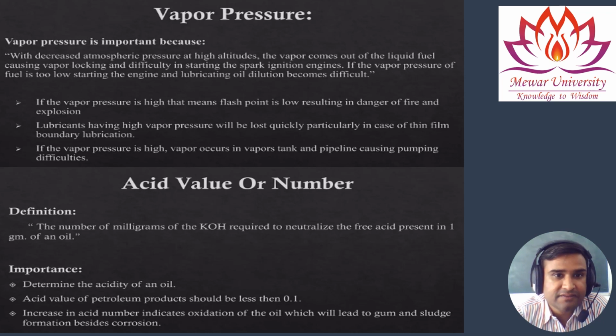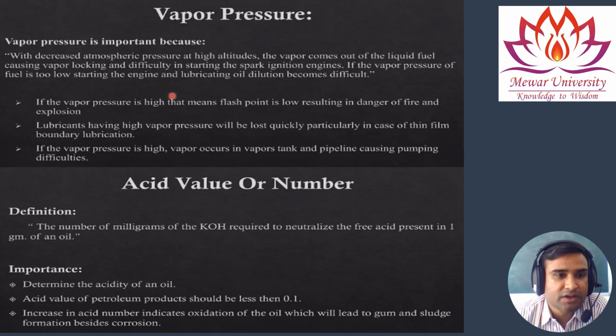So whenever there is less atmospheric pressure at higher altitude, vapor comes out of the fuel, causing the locking and difficulty in starting the spark ignition engine. If the vapor pressure of the fuel is too low, starting the engine and lubricating oil dilution becomes difficult.